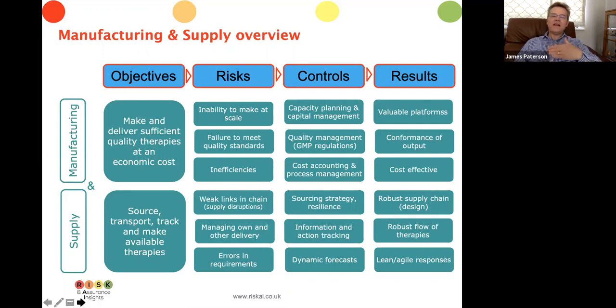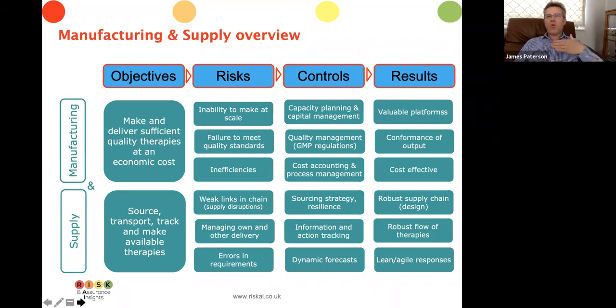So there are really critical issues here: you can't afford to have weak links in the chain. You can't afford to have missing packaging requirements or missing packaging materials.